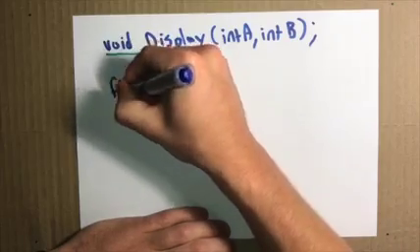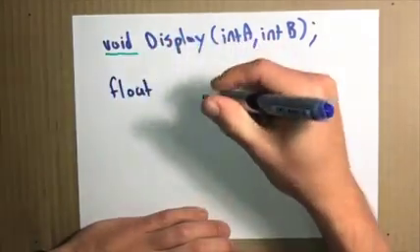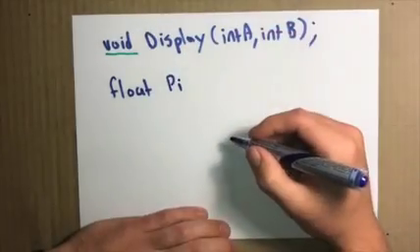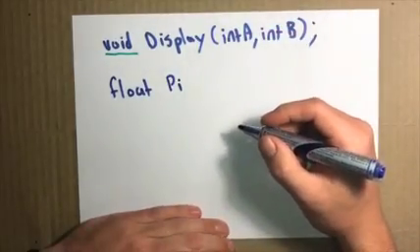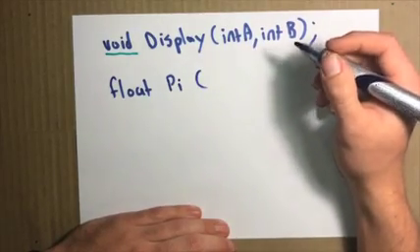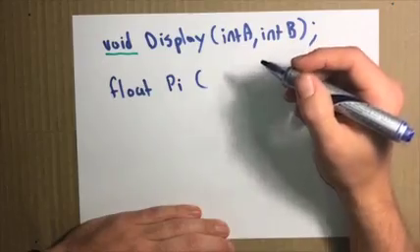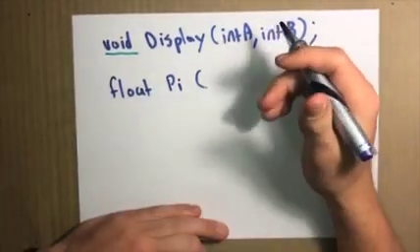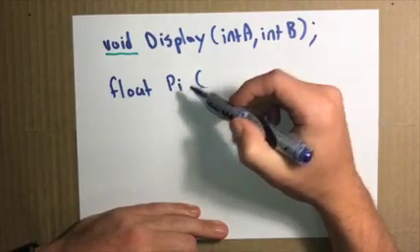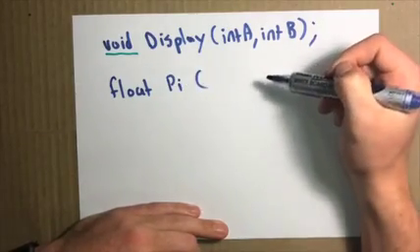Let's say, for instance, we have a function that returns a float, and this function will give us the value of pi. Now the value of pi is a static number. We don't have to determine the value of pi by using some input.